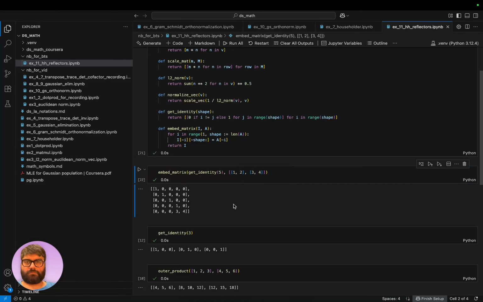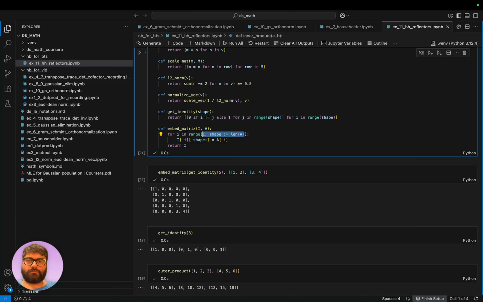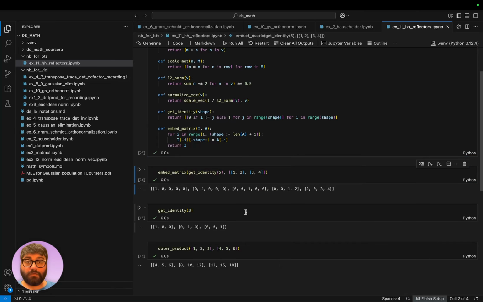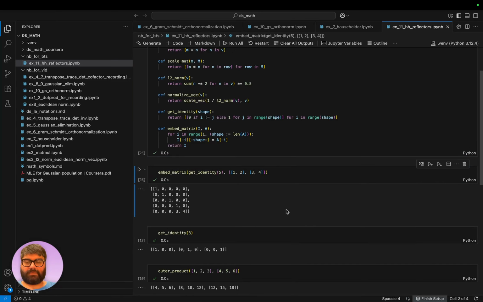I minus I, so the last row. No, this isn't right either because it's not square. Man.